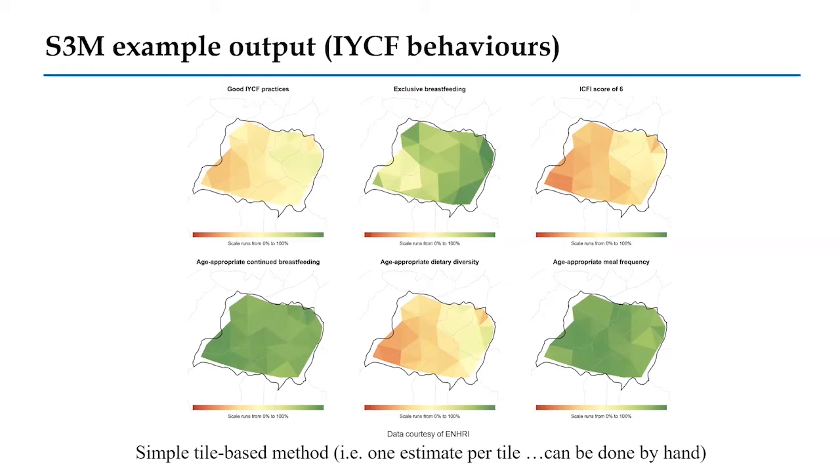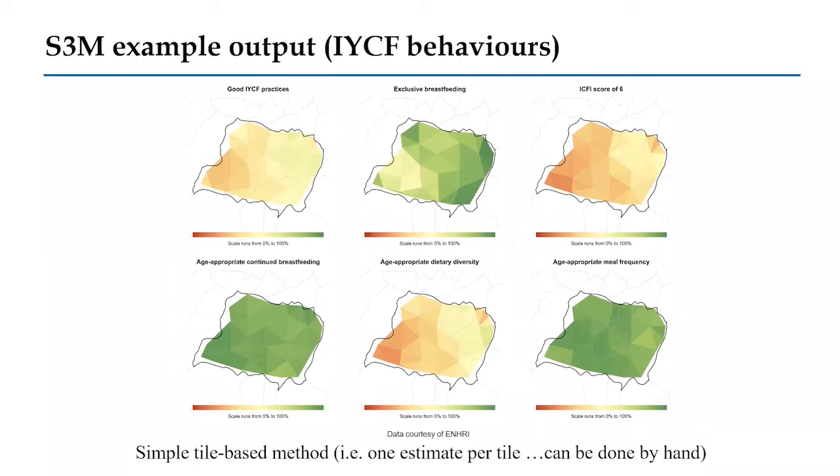And we can see here in that top left-hand map that it's not looking so good. The IYCF behaviours are not looking so good in the southwest corner. And we can see that that's probably due to exclusive breastfeeding not being so common in that location.